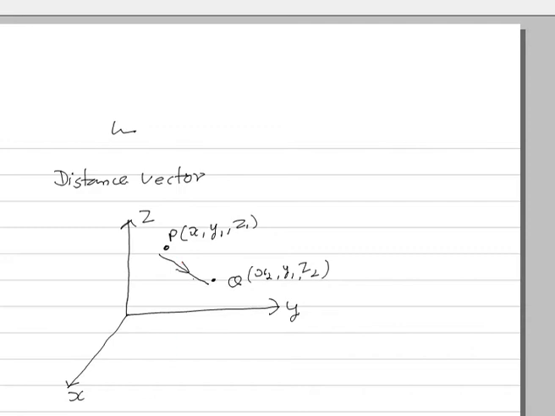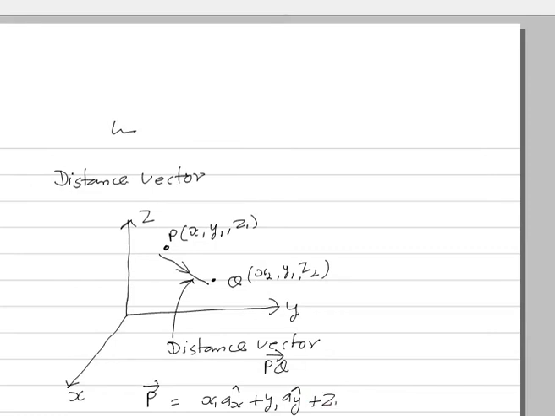Then the distance between P and Q is called the distance vector. So here we can mention distance vector PQ. Now on the basis of the Cartesian coordinates of P and Q, we can write vector P equal to x1 unit vector ax plus y1 unit vector ay plus z1 unit vector az.